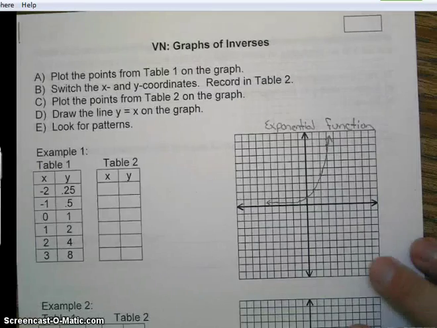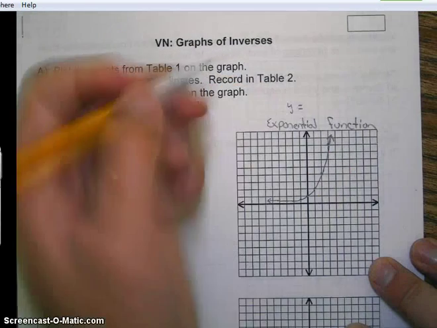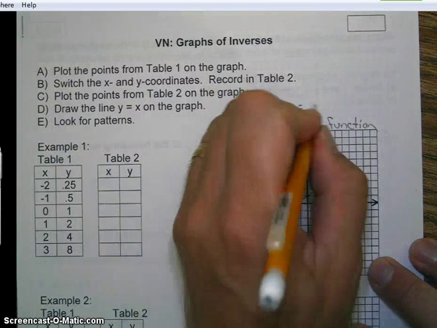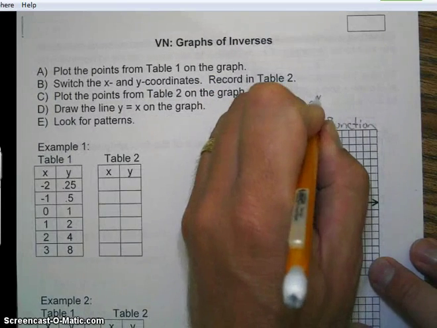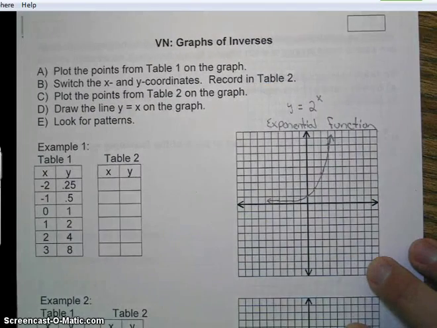Okay, the parent is y equals 2 to the x, and there's different parents. We're just going to use base 2, but what's important here is where the x is located. It's located in the exponent. This is an exponential function.